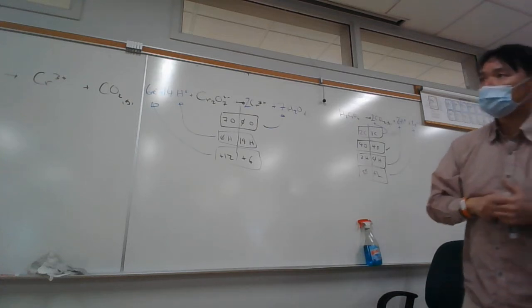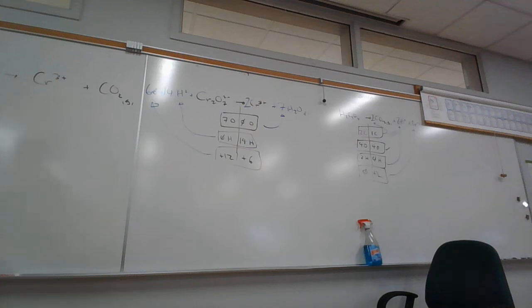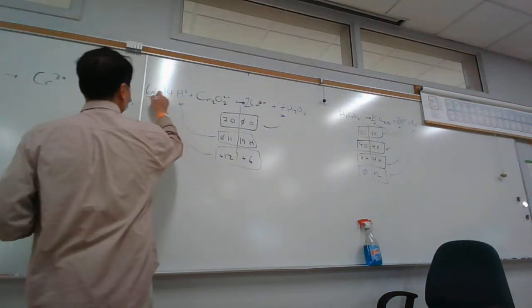Then we combine the 2 half reactions to get the full reaction. But actually, we'll just finish this here right now. So we have 6 electrons on the first half reaction.